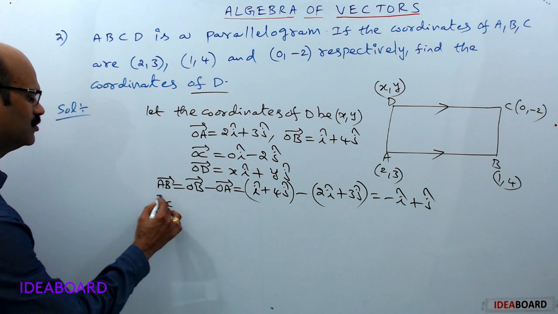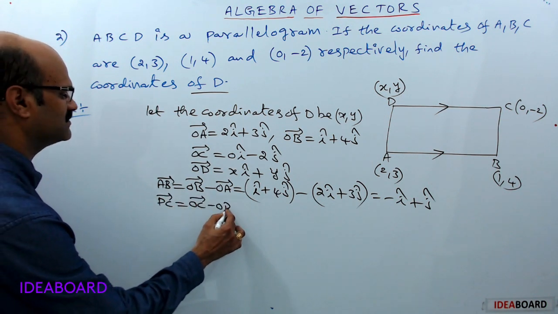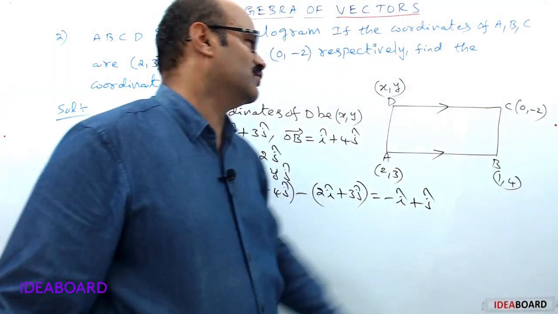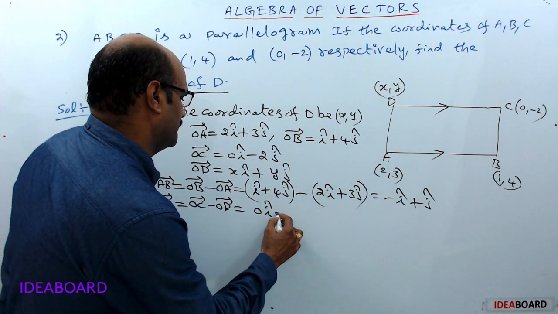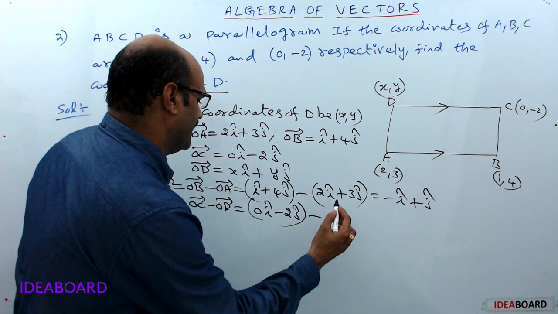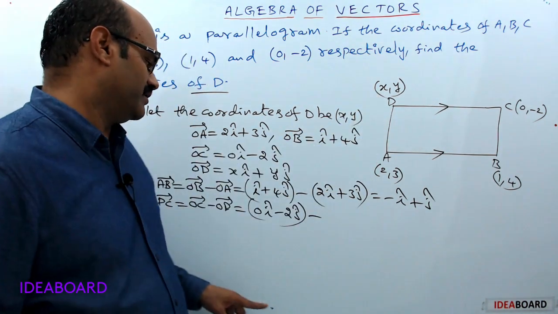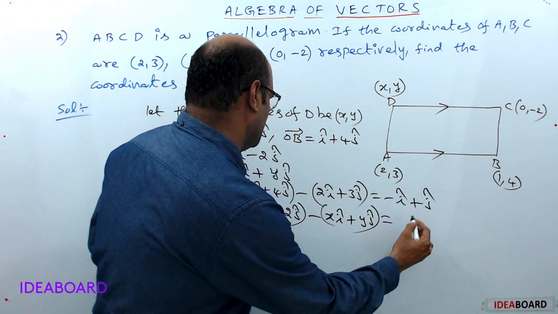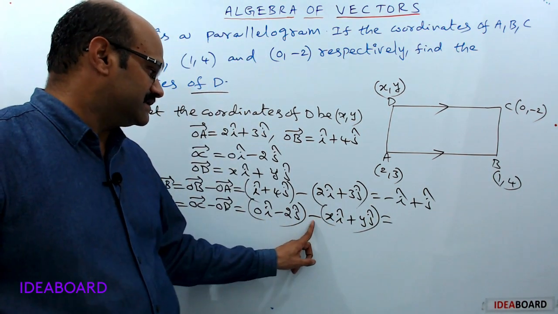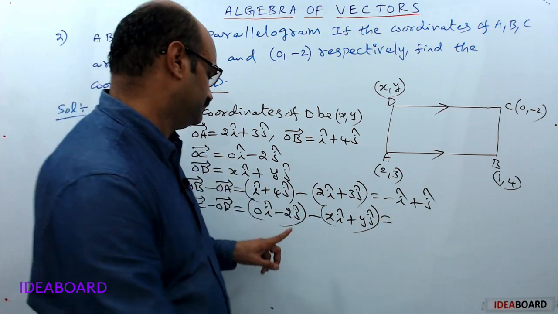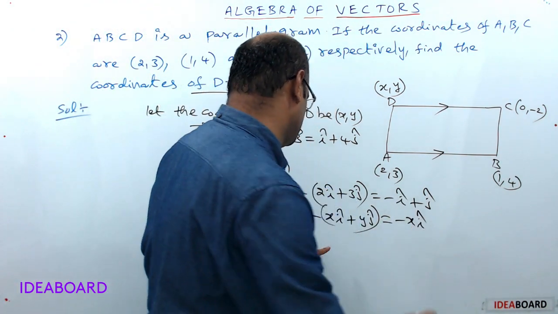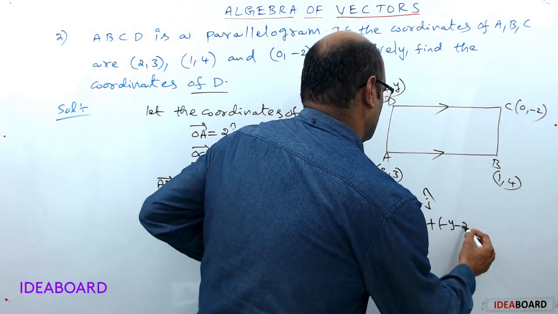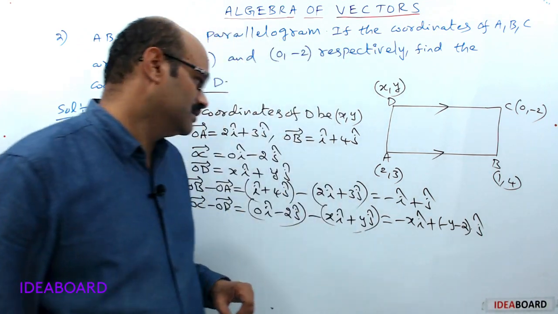Now DC vector equal to OC vector minus OD vector. Here OC vector equal to 0 i cap minus 2j cap, minus OD vector equal to x i cap plus y j cap, equal to minus x into i cap minus y minus 2 into j cap.